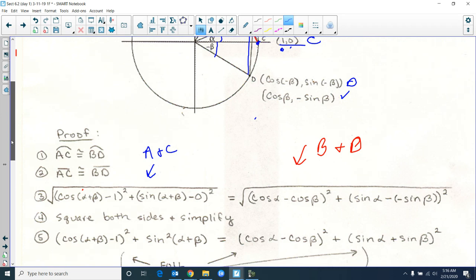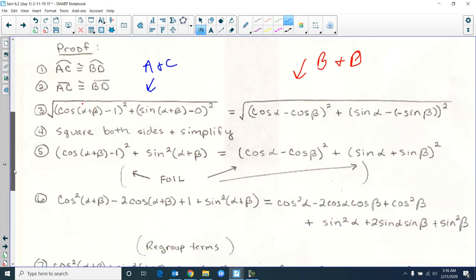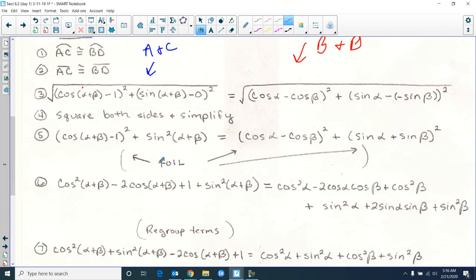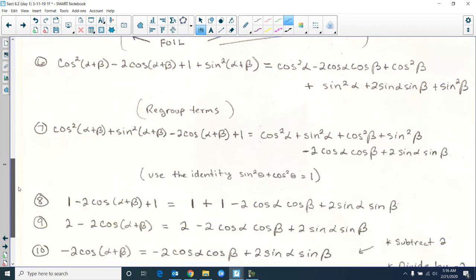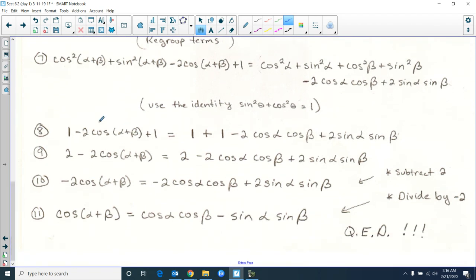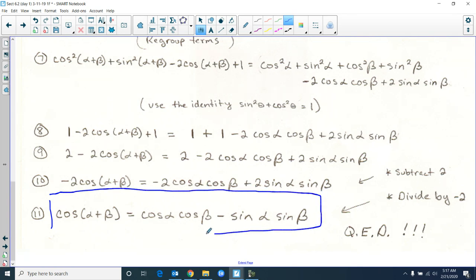All right, well, this whole rest of the way, there's a whole bunch of algebra going on, which I did try to demonstrate. But in the end, as you go through this whole thing, this is what we end up with: cosine of alpha plus beta equals cosine alpha cosine beta minus sine alpha sine beta.